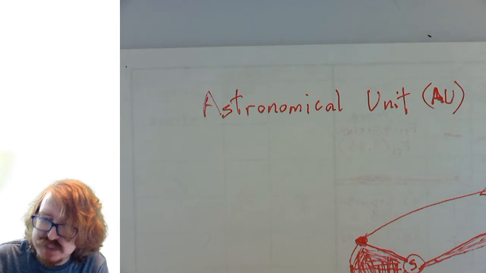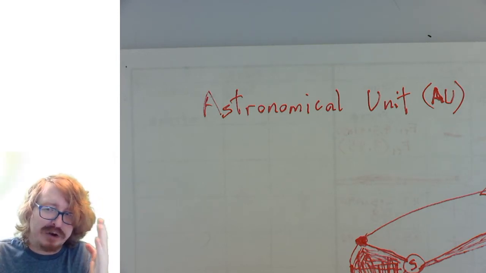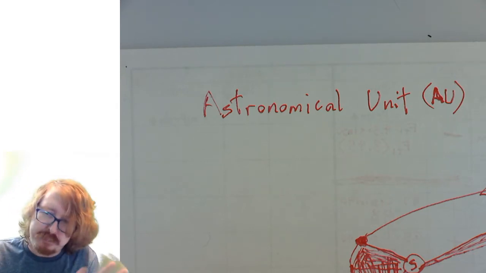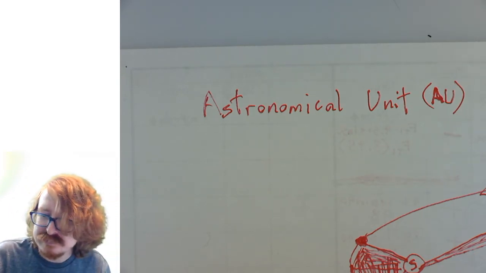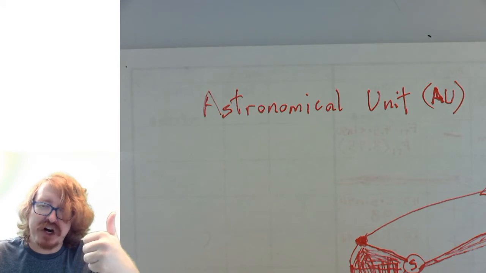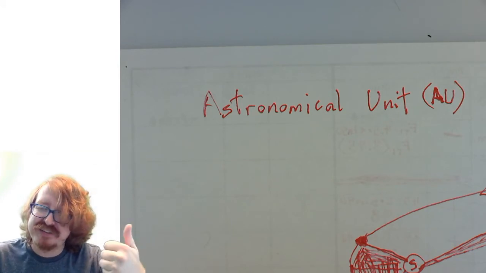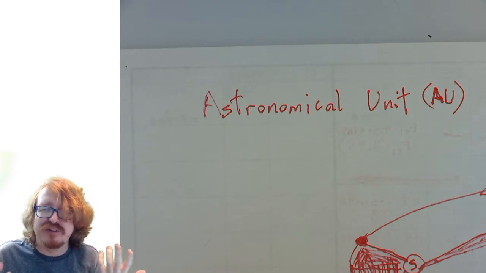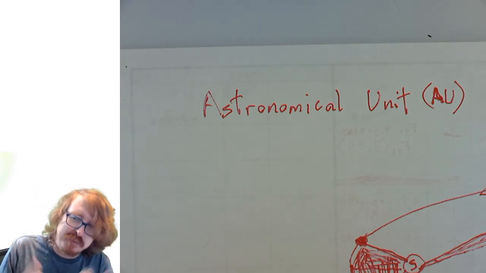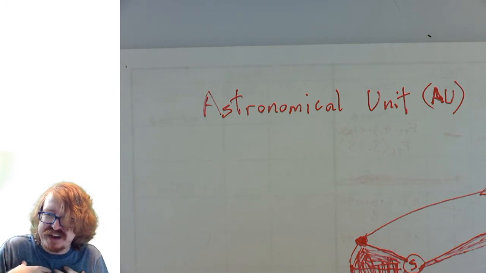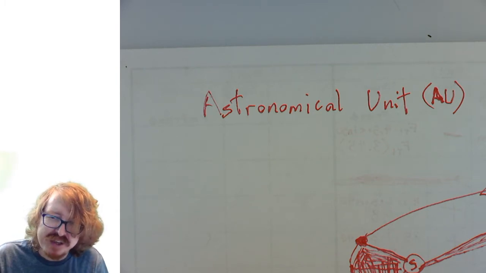Anybody want to take a guess what planet we chose? We picked Earth. Why would we pick Earth over other planets? Pretty simple reason. Yeah, because we live there. Humans are kind of self-centered.